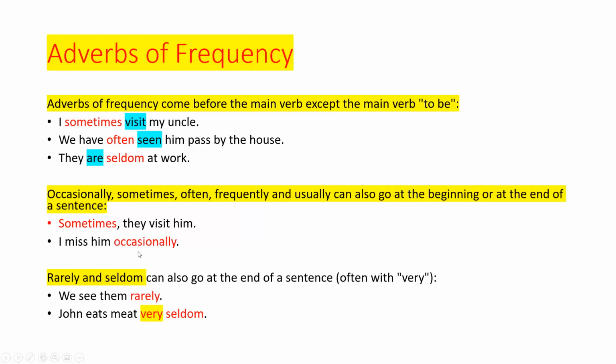In this case, it is at the end. Rarely and seldom can also go at the end of the sentence, often with very. We see them rarely or very seldom.